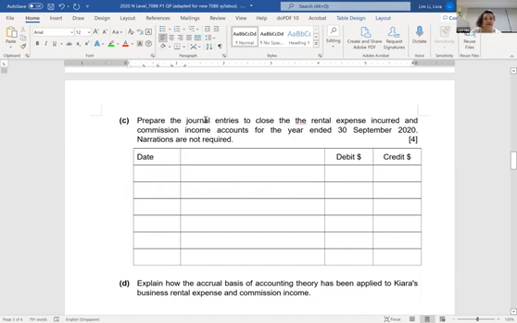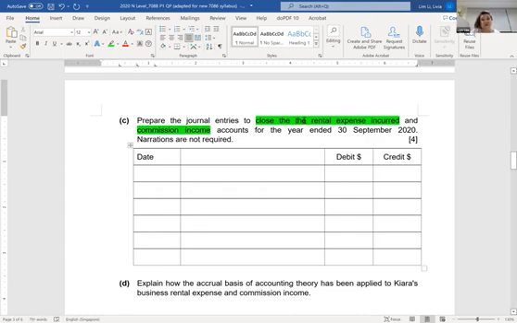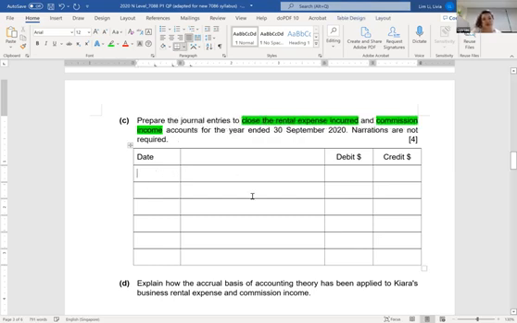Next, prepare the journal entries to close the rental expense incurred and close the account for commission. Of course, if you close the account, you are closing the amount which is earned and the amount which is used. You close the amount on the last day of the year, September 30th, and you take out from rental.